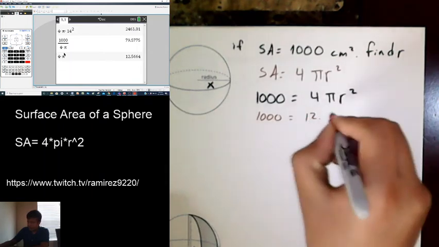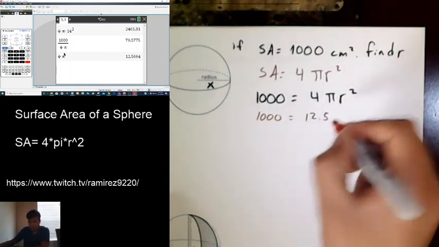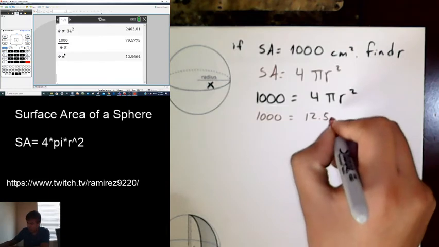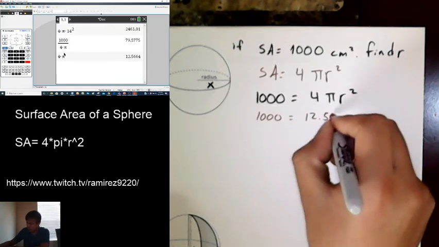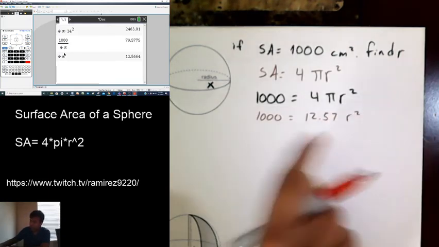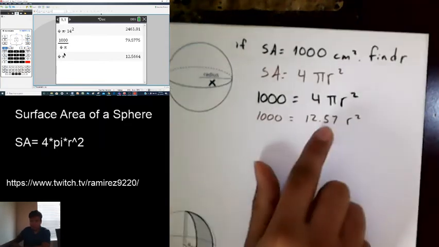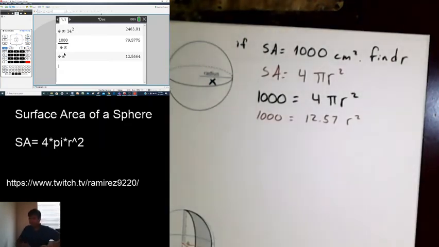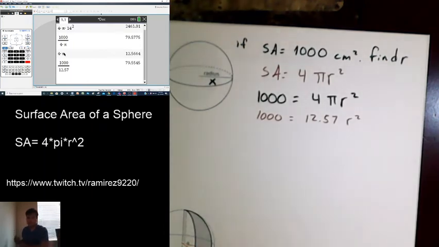So 12.56, so 57 r squared. So we would just divide, and notice how we're pretty much going to get the same thing. That's 79.57. So 1,000 divided by 12.57 is 79.55 in this case. But again, the answer is so close. Even if I round it, you pretty much get around the same ballpark.